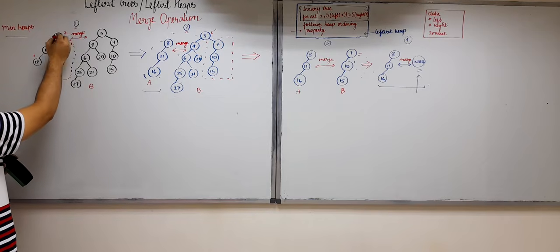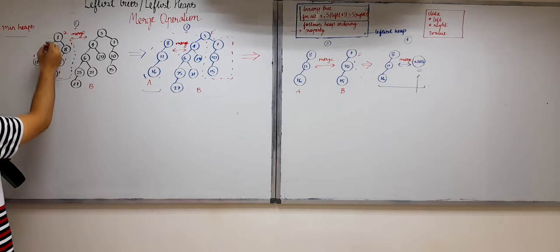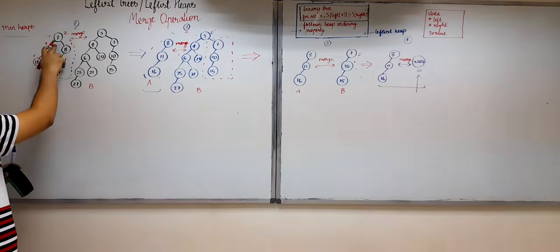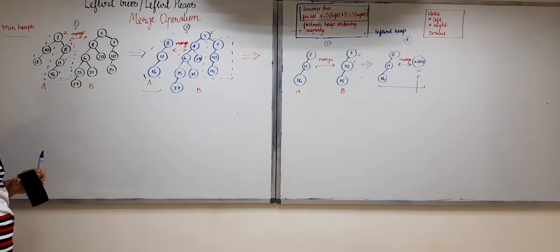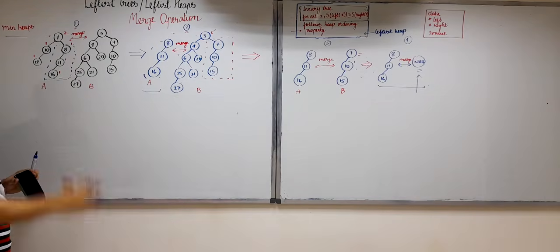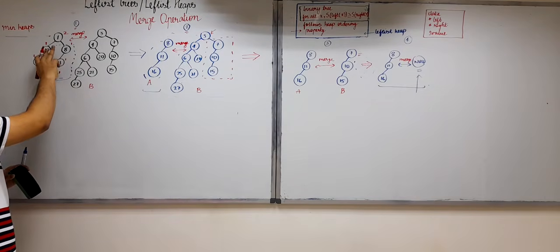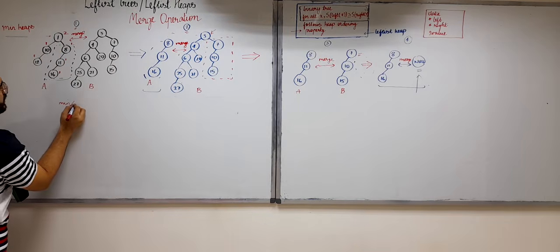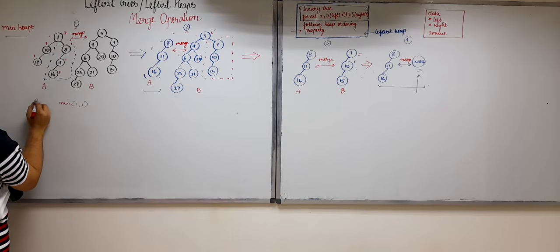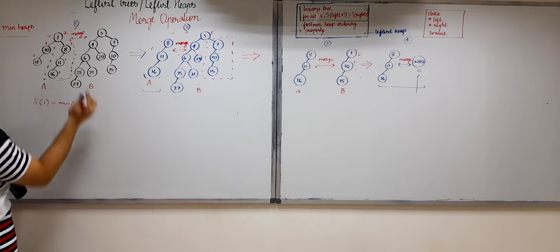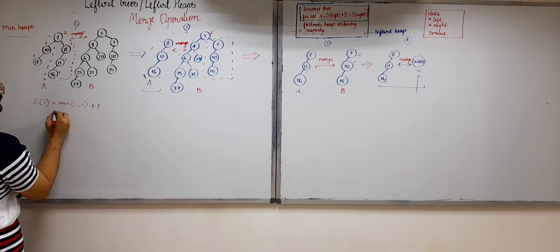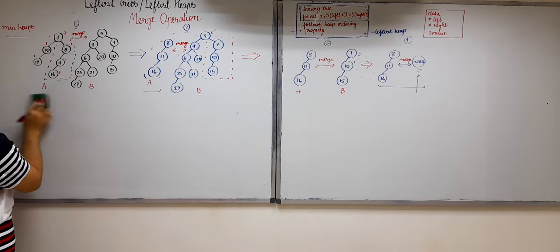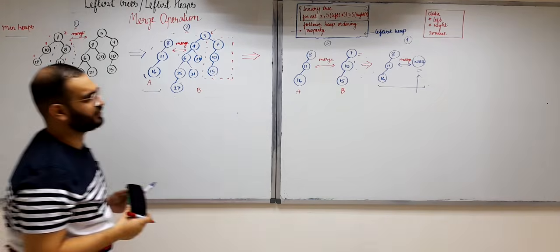For calculating the S value of any node, like this root, we find the minimum of the S value of its left child and its right child. That is the minimum of 1, 1, plus we add 1 to it. So 1 plus 1 is equal to 2. I've already clearly explained how to find the S value in the previous video.